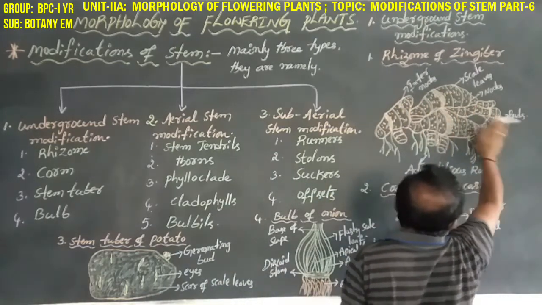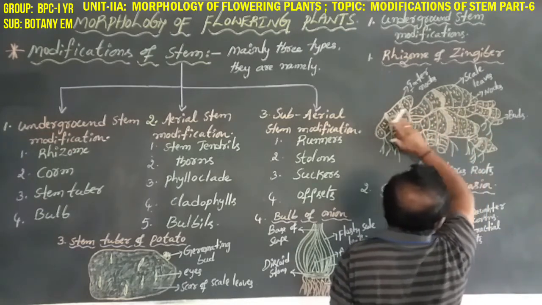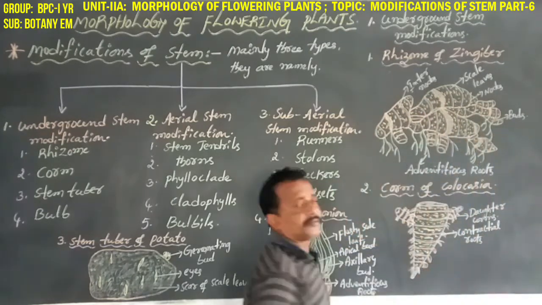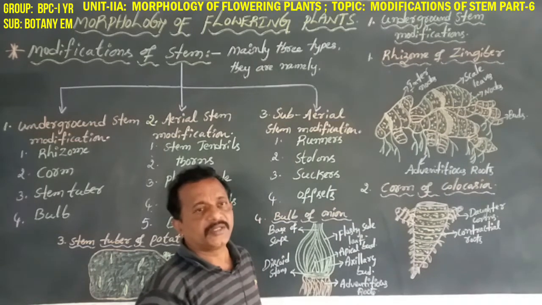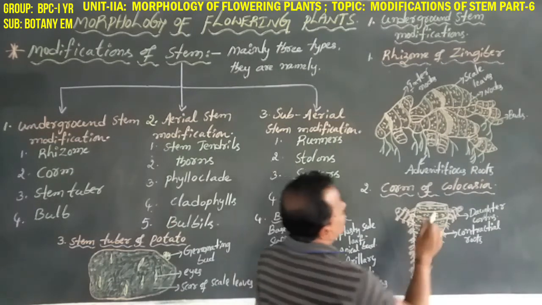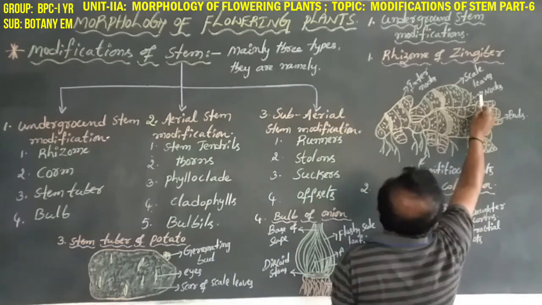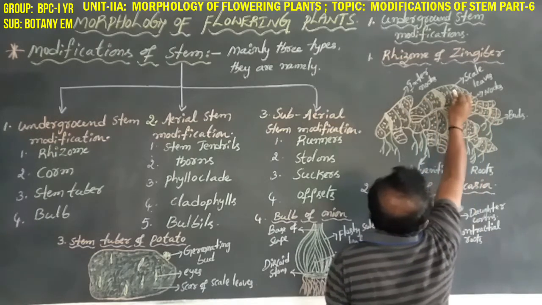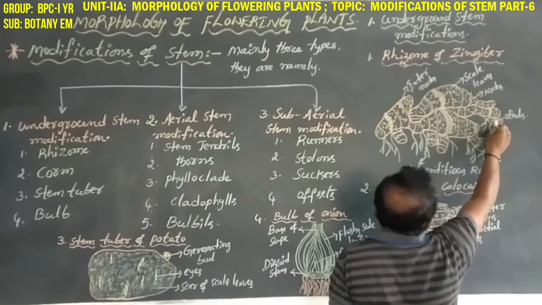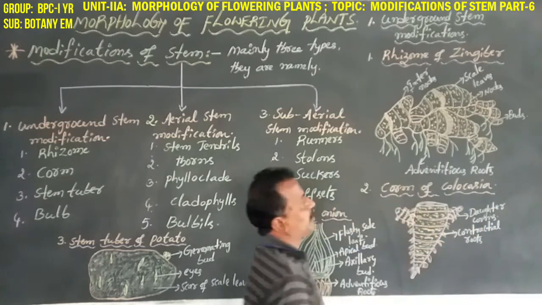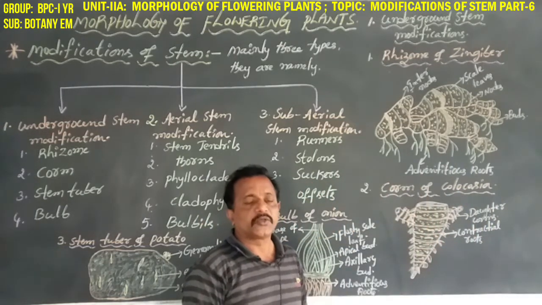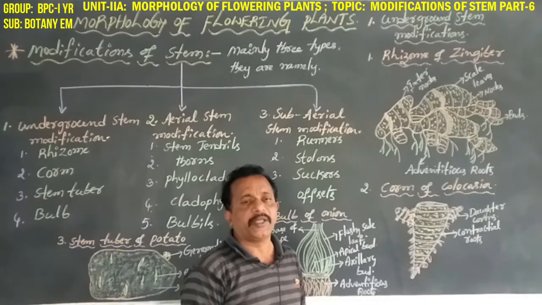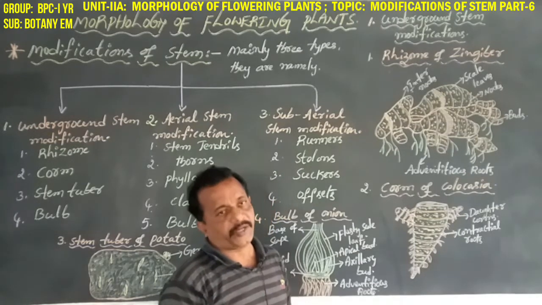This rhizome contains nodes, internodes and scale leaves, as well as buds and adventitious roots. These adventitious roots help in vegetative propagation.